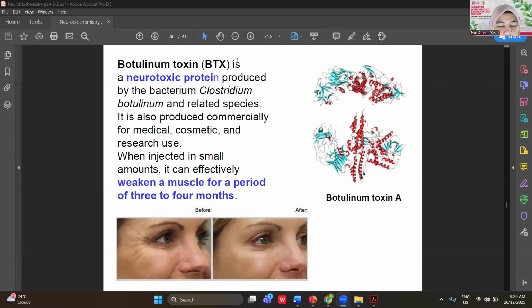When a person is injected with a small amount of this toxin, it weakens the targeted muscle for 3 to 4 months, providing temporary relief or aesthetic improvement. You can see the before and after use of this toxin, which helps smooth wrinkles around the eyes and other facial areas.